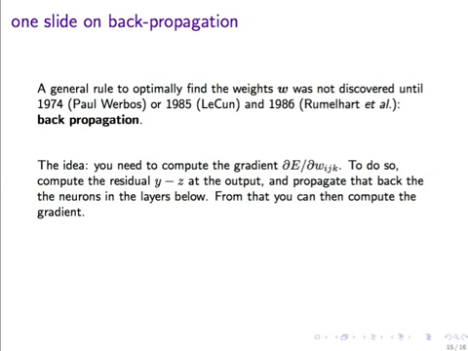Suppose you have an error, and I call that residual, at the output. This error is simply given by y minus z. You can use this error to compute the gradients of the weights leading into that neuron.